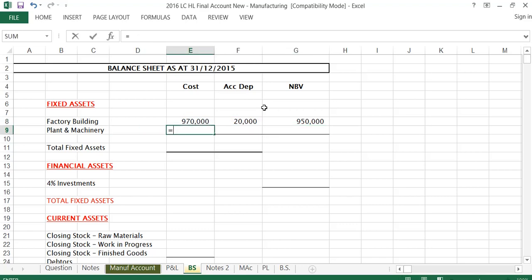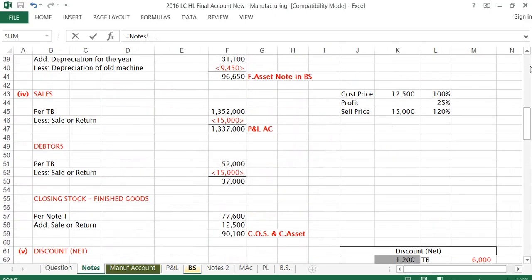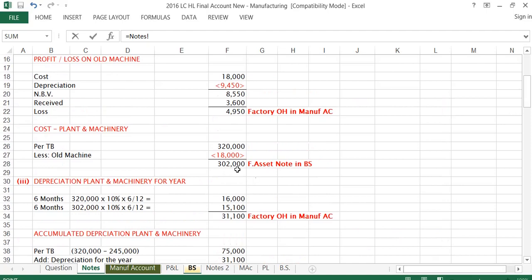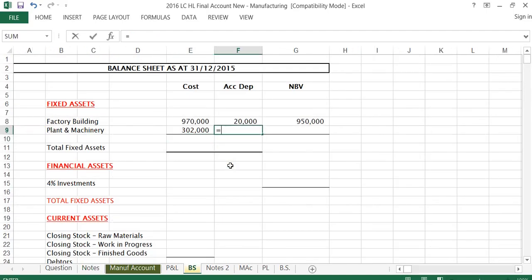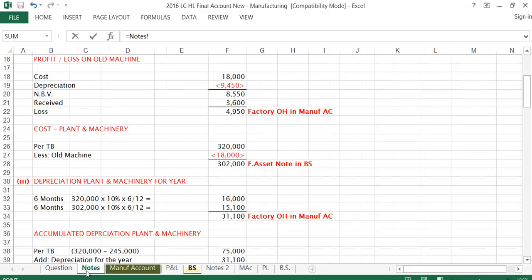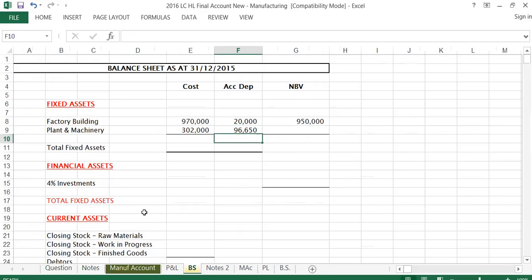Plant and machinery. The cost of plant and machinery, we can see from the question, we've a note done on plant and machinery here. So cost of plant and machinery is 302,000. We also have a note done on accumulated depreciation of plant and machinery, which came to 96,650. So that will leave me with a net book value of 205,350.